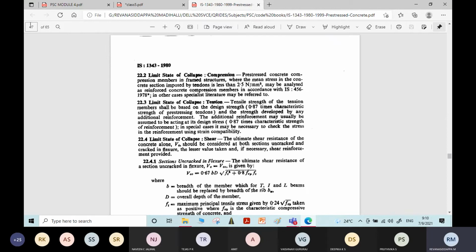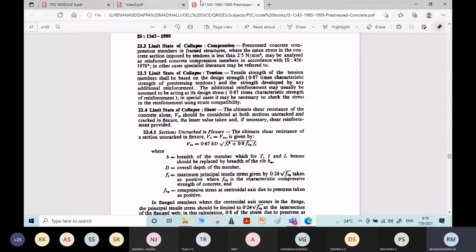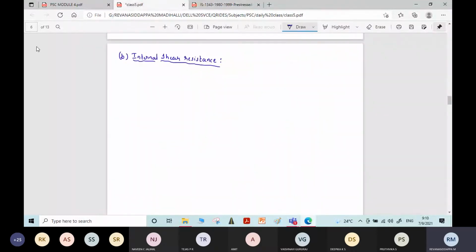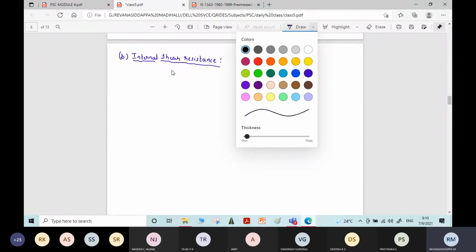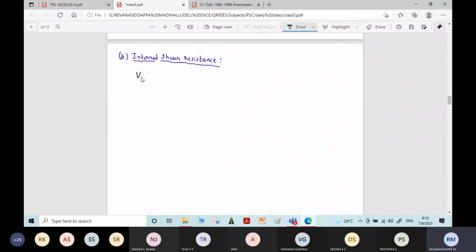Here it is given: Vc0, the ultimate shear resistance, is equal to 0.67 b D root of ft square plus 0.8 fcp into fp. I'll copy the same formula. In your examination, there will be one design problem and one analysis problem most of the time.